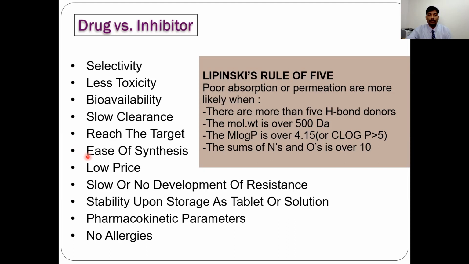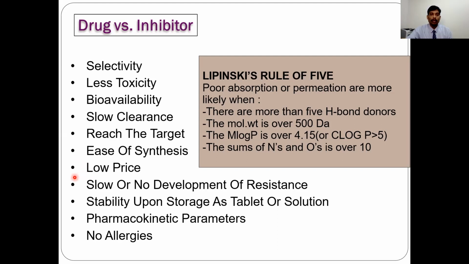Ease of synthesis. Everything else may be clear, but if synthesizing is very difficult and takes a lot of time, then it is not going to be a drug candidate. If you cannot synthesize it easily, it cannot fulfill the needs of the society or the patients, so it is not useful. Low price. That is rational.